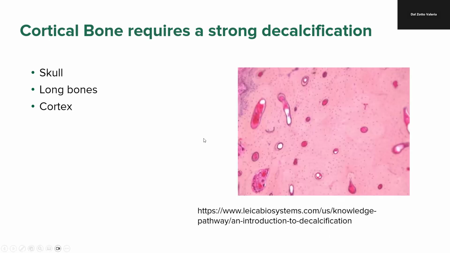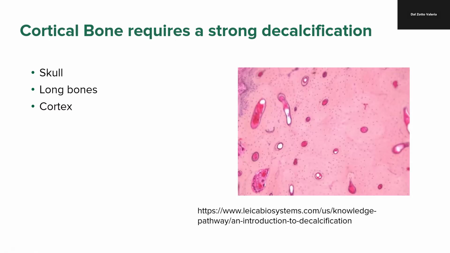The first step in your knowledge is to have an idea what kind of bone is in your hands to be decalcified. So it's not the same to have cortical bone versus cancellous or trabecular bone. Cortical bone is made of osteocytes surrounded by a compact matrix made of collagen 1 and calcium in the form of crystals that we call hydroxyapatite crystals.